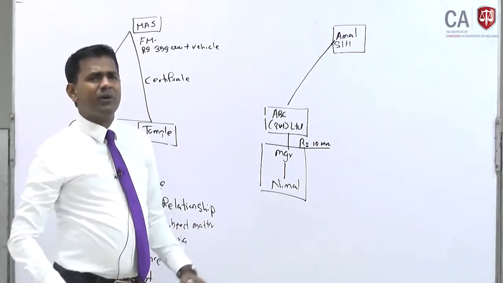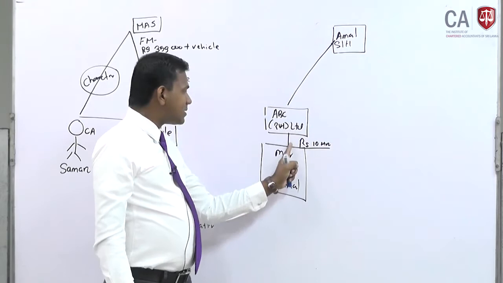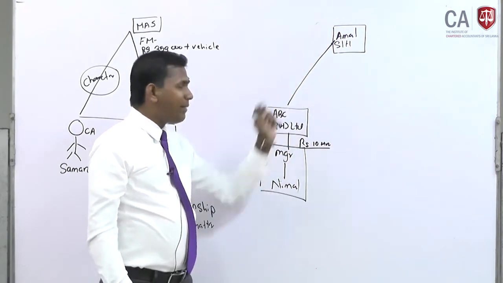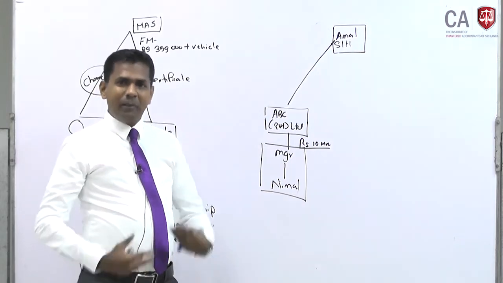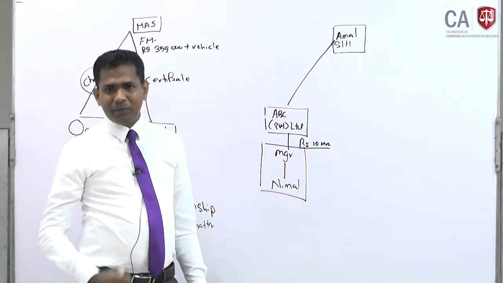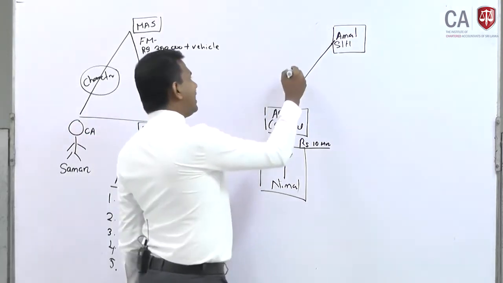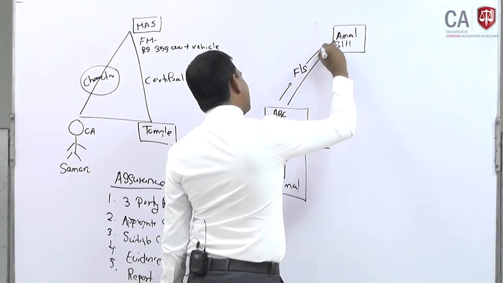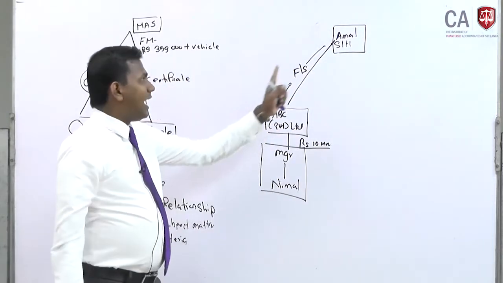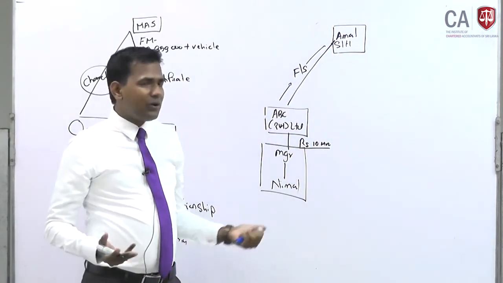So document properly. What happened to Amal's money has to be communicated with a proper mechanism or a proper language or a proper methodology. That is called financial statements. So what's going to happen here now? Amal has to be satisfied about what happened to the 10 million.